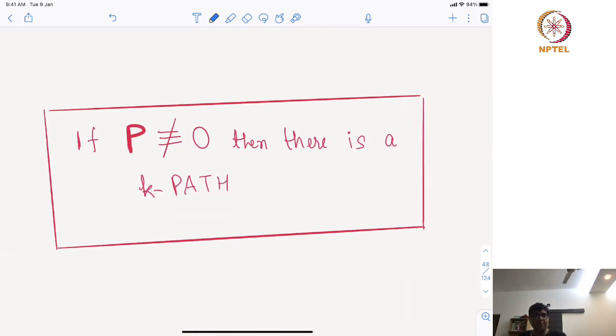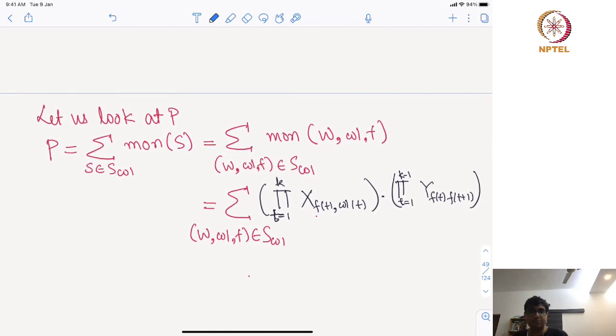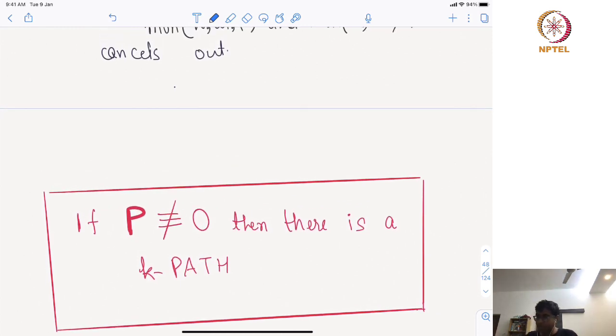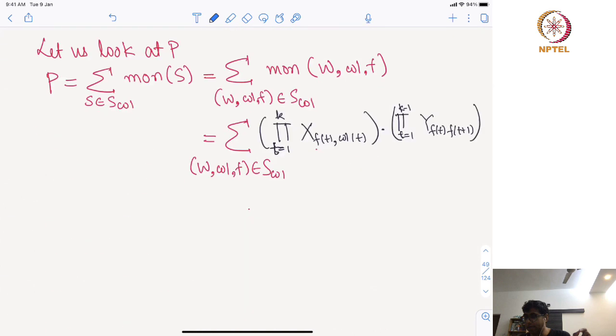So if P is not identically 0, then there is a k-path, because any correct colorful walk corresponds to a path because of our first property, but all the incorrect ones will cancel out each other. Now let's look at P, which is the sum over S of the monomial of S, and this monomial function.